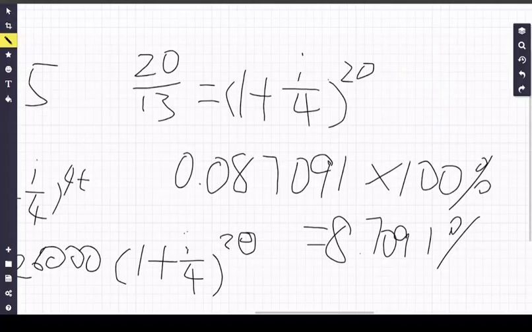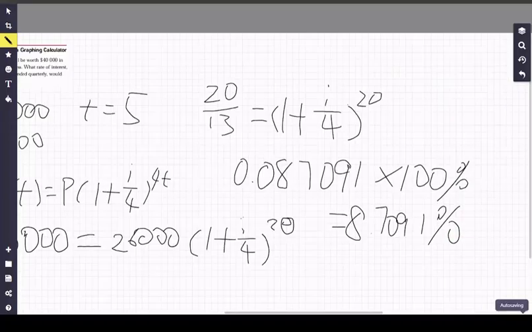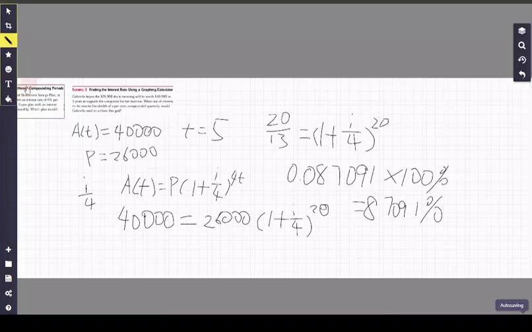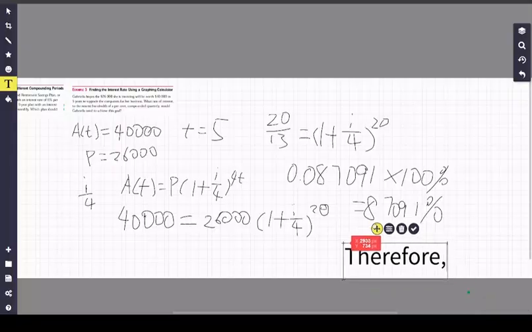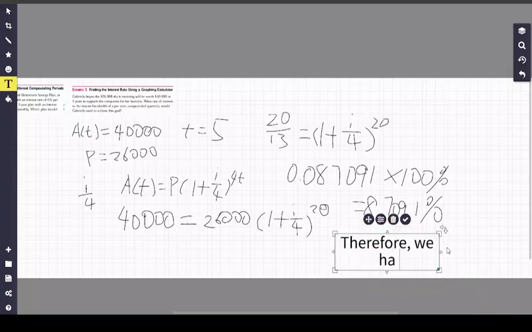So when we write it, we will go ahead and conclude something like: therefore, we have figured out that the interest rate is 8.7091% per annum, compounded quarterly.